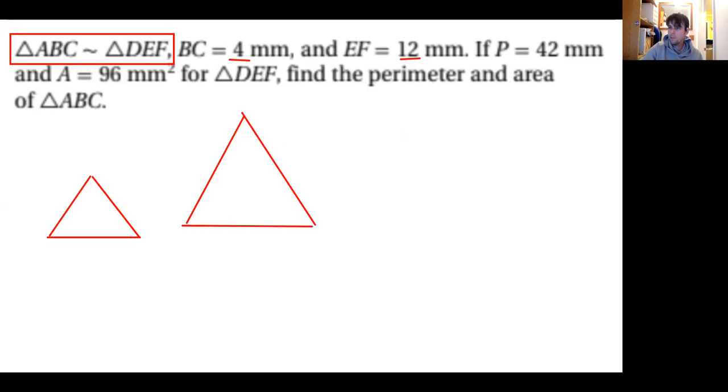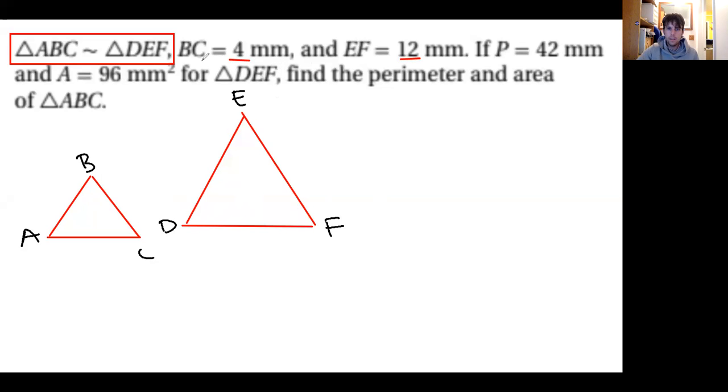Let's label things to make it easy to work with. We'll call this A, B, C, and then we'll match that up D, E, F. A corresponds to D, B corresponds to E, C corresponds with F. Again, we don't know the actual size of these things. I'm just drawing some triangles to help this process.